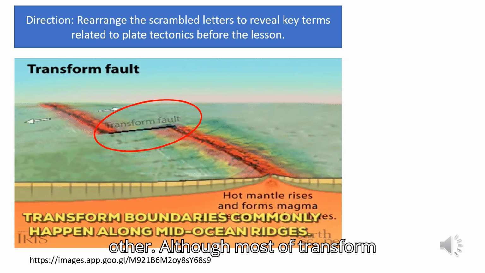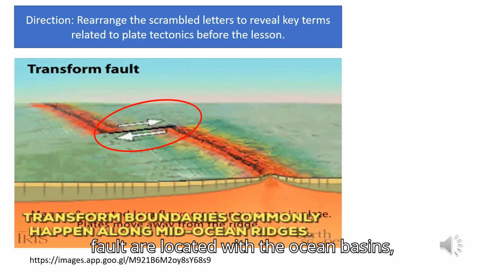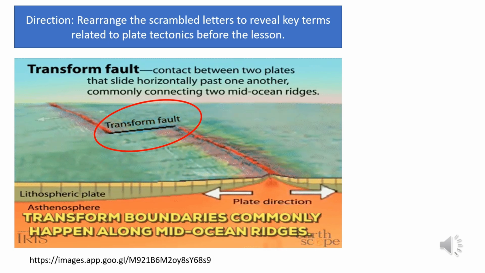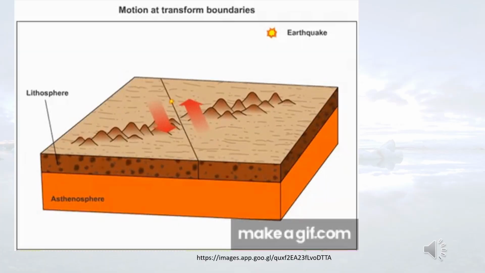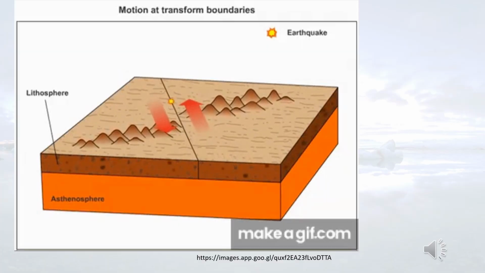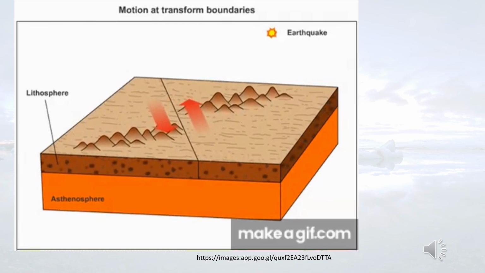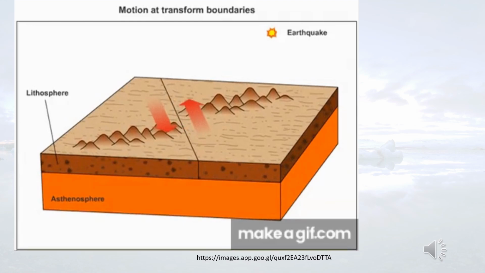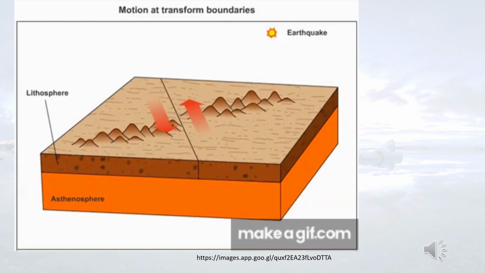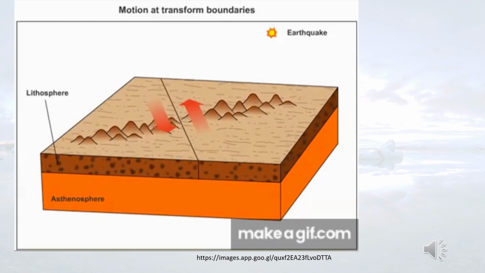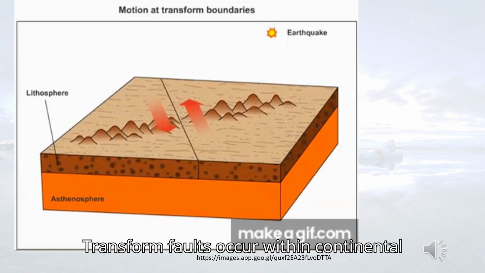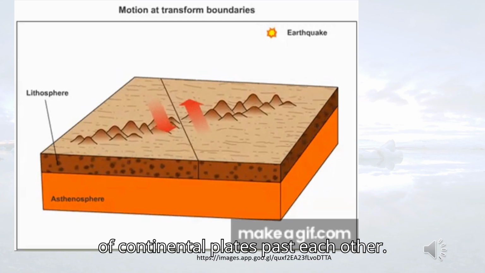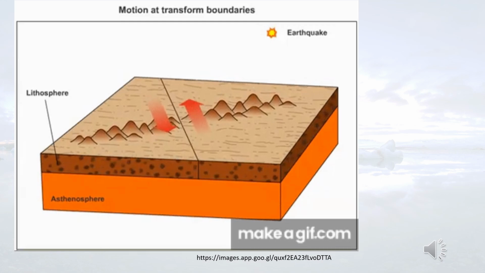Although most of transform fault are located with the ocean basins, there are a few that cut through the continental crust. Transform faults occur within continental crust as a result of the lateral movement of continental plates past each other.